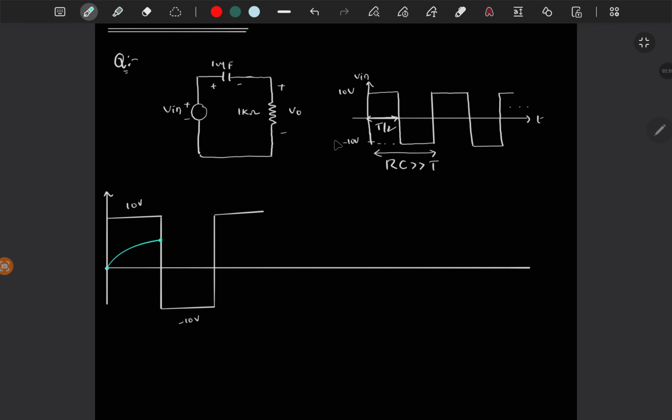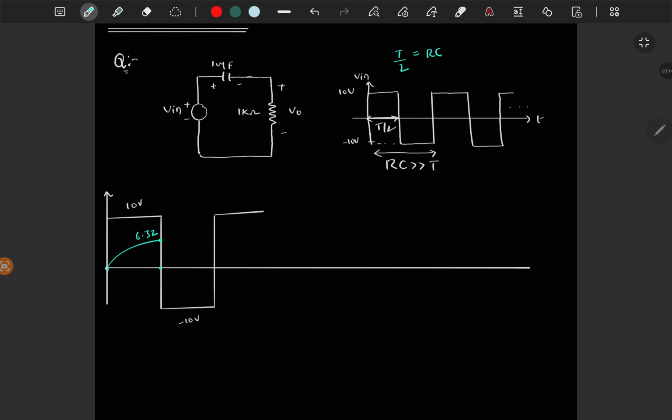For simplicity we can assume this half of the time period T by 2 is the time constant of the circuit, which means if you wait for this time, the voltage across the capacitor has reached 63.2% of its final value, because the initial voltage we are assuming as 0. So it will reach from 0 to 6.32 volt.